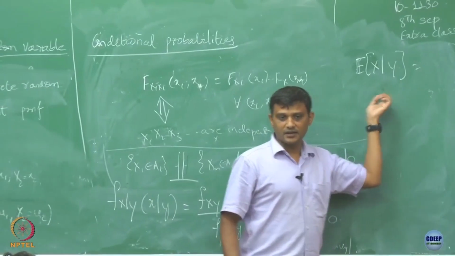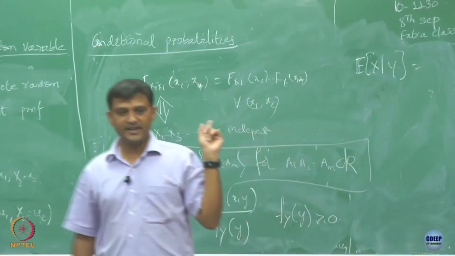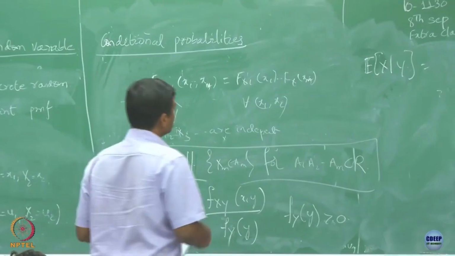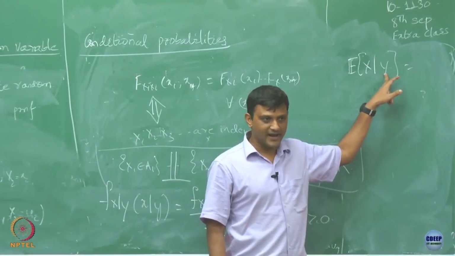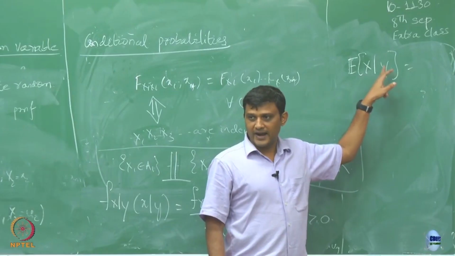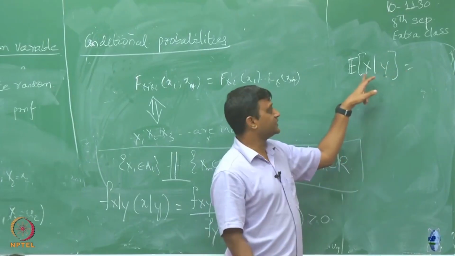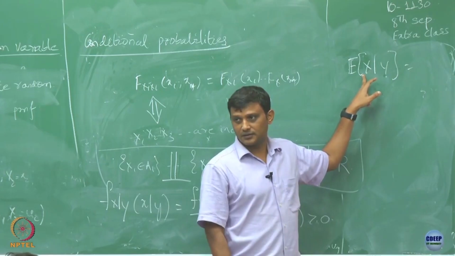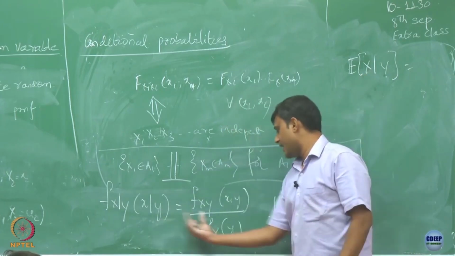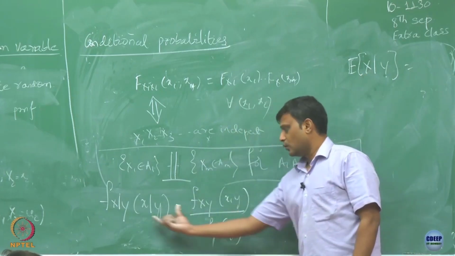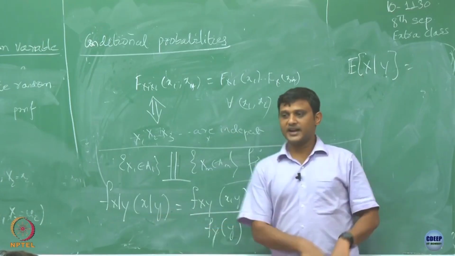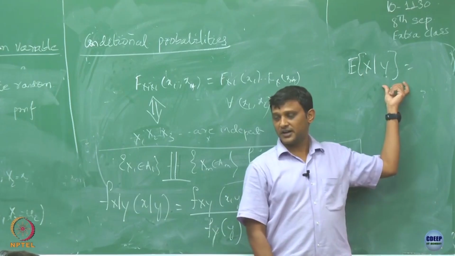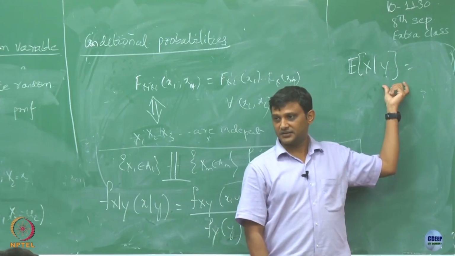And when I write it like this, what it means is you have told me the value of y, and then conditioned on this, what is the expected value of x. I have already defined the PDF of x given y. So now you just apply the same definition of expectation on this.